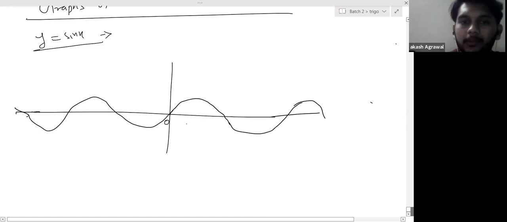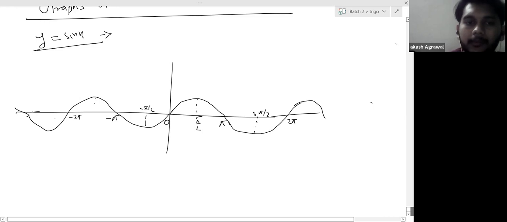In physics also. This is 0, pi, 2 pi, and so on, minus pi, minus 2 pi. This is pi by 2, 3 pi by 2, minus pi by 2, minus 3 pi by 2, right? At pi by 2, sine is 1. At pi, sine is 0, and so on.